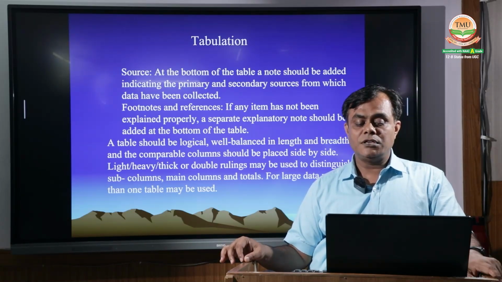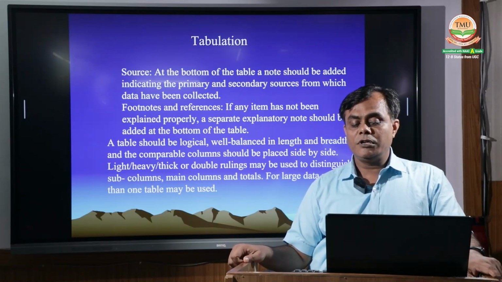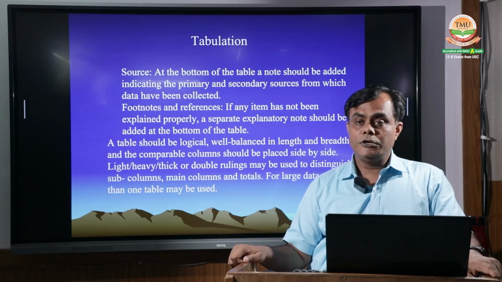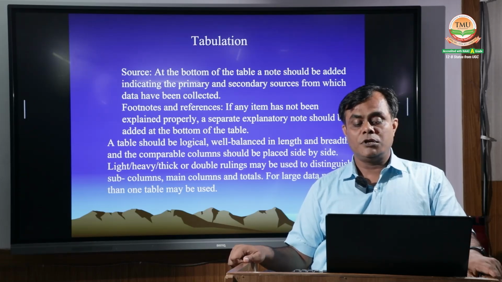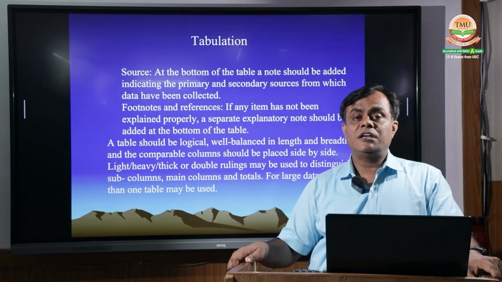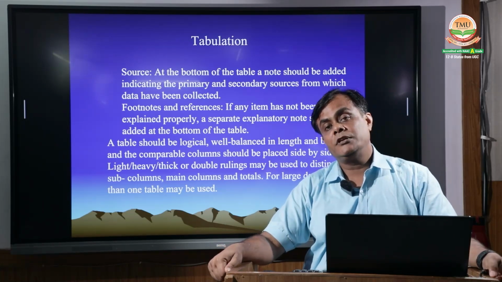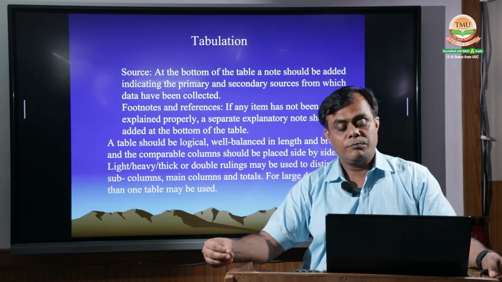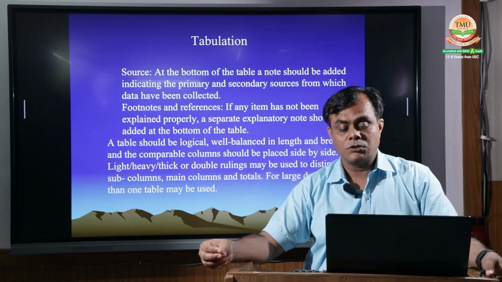Light, heavy and thick or double ruling may be used in distinguishing the sub column or the main column and the totals. So sometimes there are so many columns, and in that situation there is the main column, the sub column and the total column.